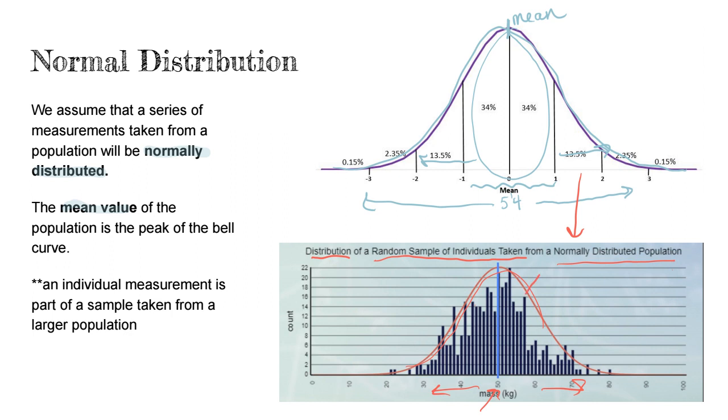Each one of these bars represents the amount of individuals from that sample that measured in at, let's say, 58 kilograms, 16 individuals measured in there out of the sample taken from a normally distributed population. And this is what scientists really bank on: the sample is going to represent the normal distribution just like the total population.